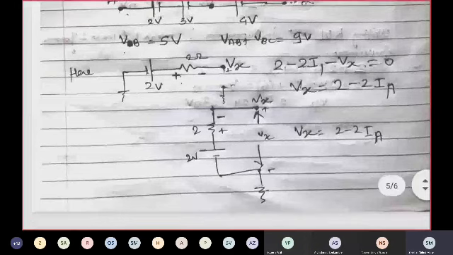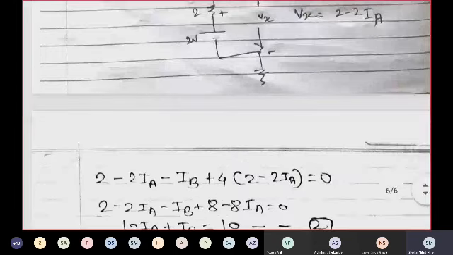In this way, we get the value of Vx as 2 minus 2 IA, and you can substitute the value of Vx here in this super mesh equation.